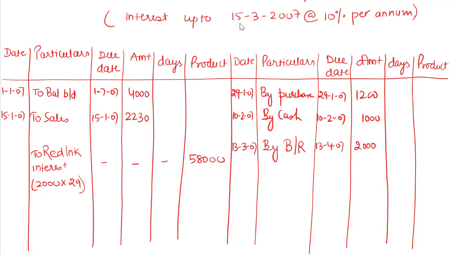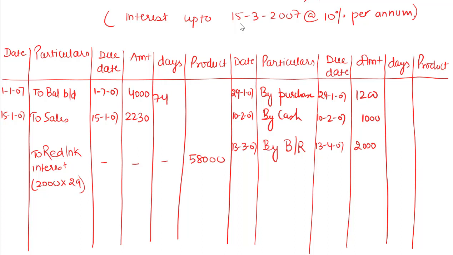Now, let us do the calculations of days. Take both the days into consideration, opening and closing both. So it would be 74 days over here.